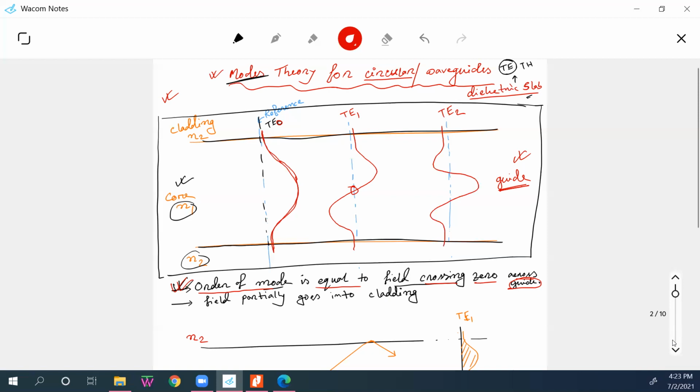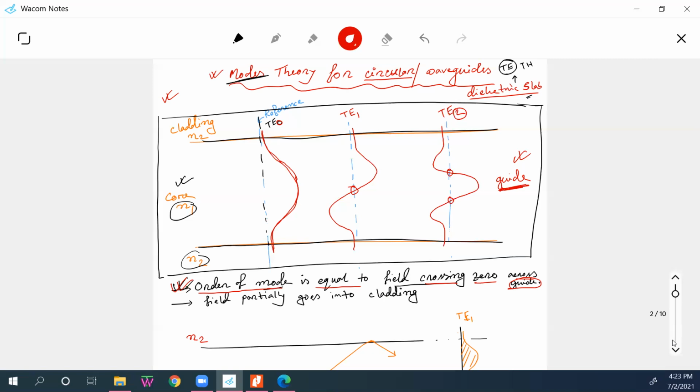Now how many crossings? 1 and 2. That's why it's a transverse electrical 2 mode, because the order of modes is equal to the number of field crossings of zero in the guide. So this is the guiding region.